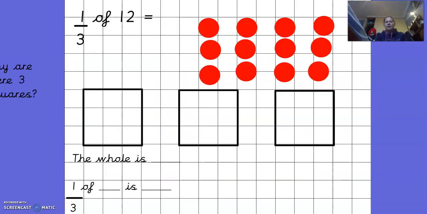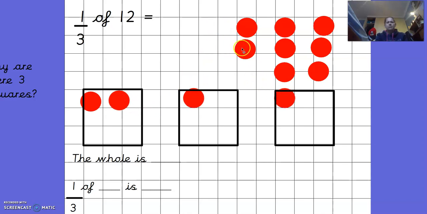Oh, do you recognise these? We've used these before when we were looking at halves and quarters. So here we go, 1/3 of 12. So we're going to share out the 12 counters.